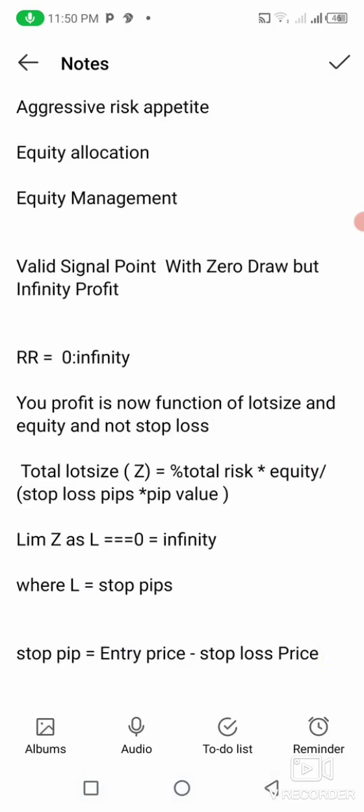Now what is the application of this idea? In prop firm trading, if you are funded by a company to trade, you will discover that they give you rules that are likely going to make you lose money.